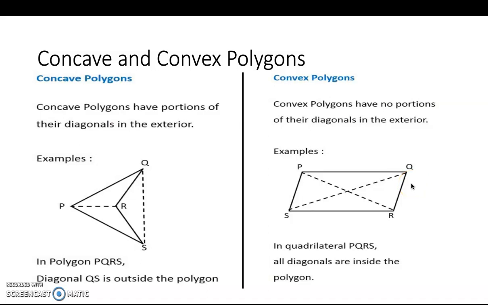So, let us try to identify some polygons, whether they are concave or convex polygons. Okay, for the first figure, what can you notice? Is it a concave polygon or a convex polygon?